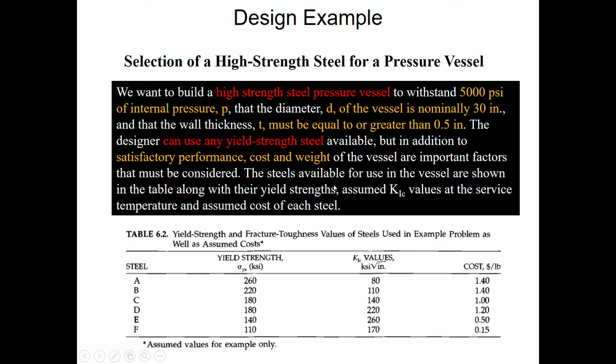Right, the steels available for use in the vessel are shown in the table along with the yield strengths, assumed K1C values at the service temperature, and assumed cost of each steel. For example, in this Table 6.2, they already give you several types of steel, A, B, C, D, E, F, and each steel has a different yield strength and different critical stress intensity value.